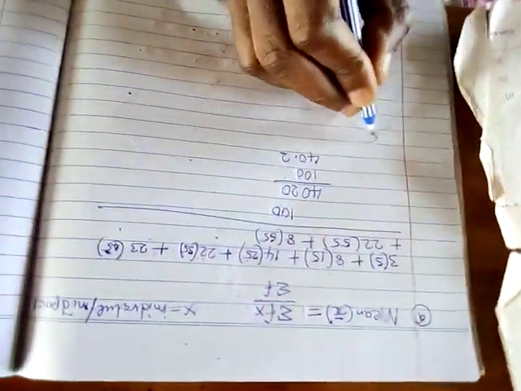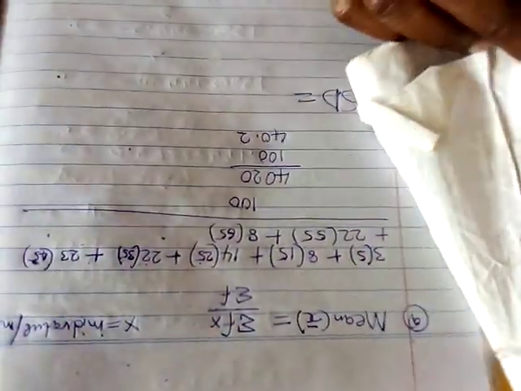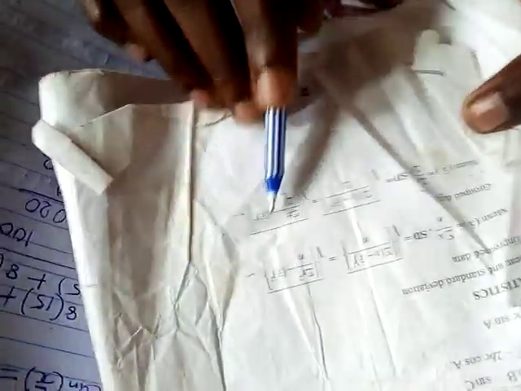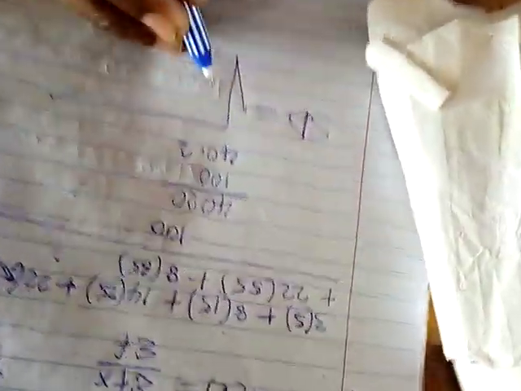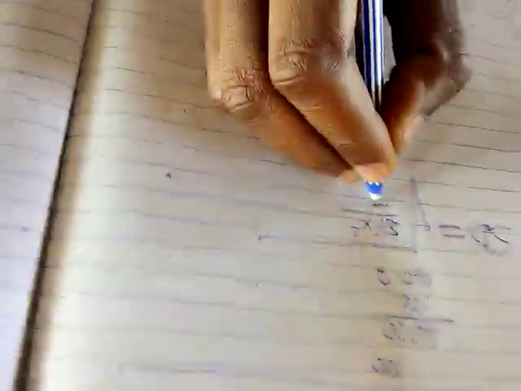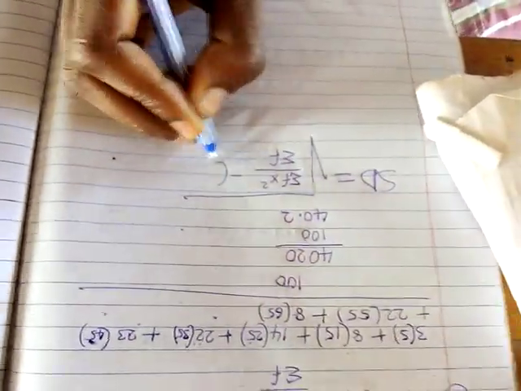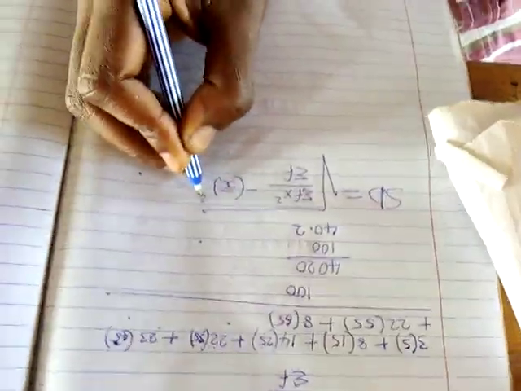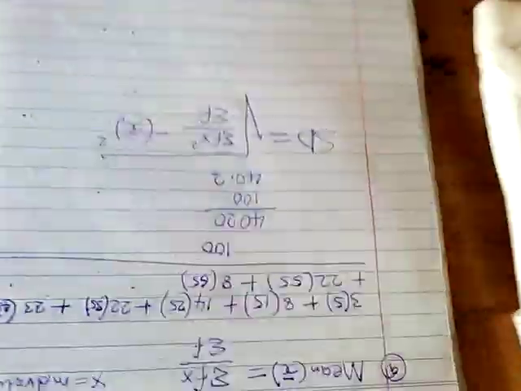Now we apply the formula for standard deviation. The formula for standard deviation of grouped data: you copy it, you say total fx squared over total frequency, minus mean, then squared. This is the formula for standard deviation.